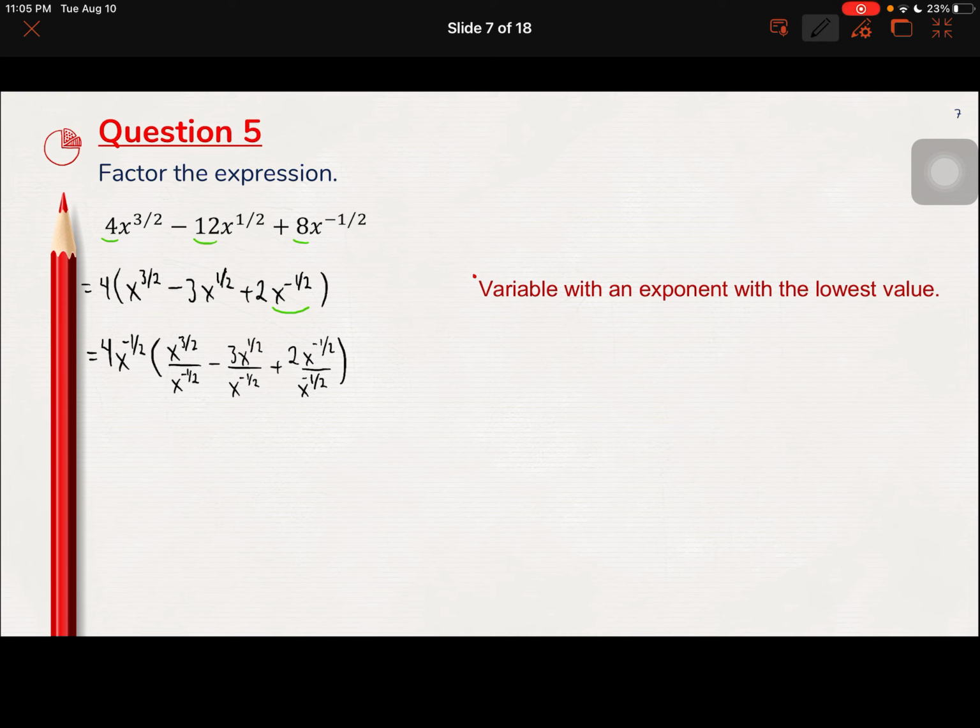This is the factorization, and you can check that this is true because when you multiply this factor by all the terms in the parentheses, you come back to the previous step, so that means that this step is valid. Now let me make some simplifications.